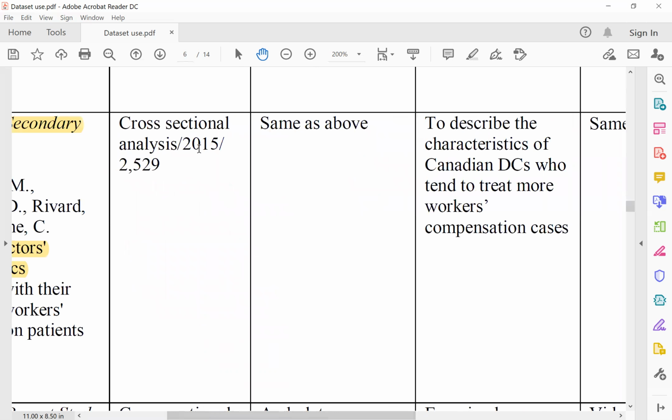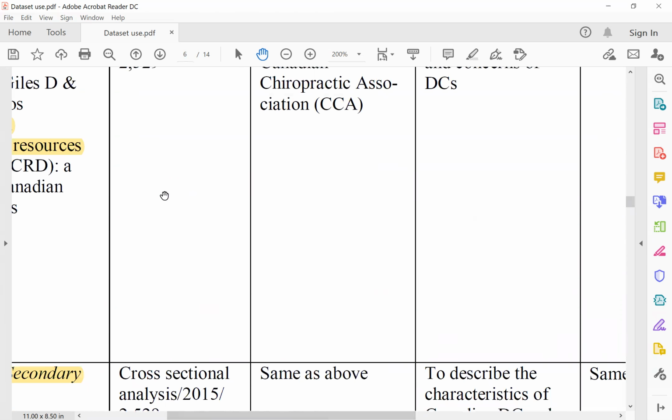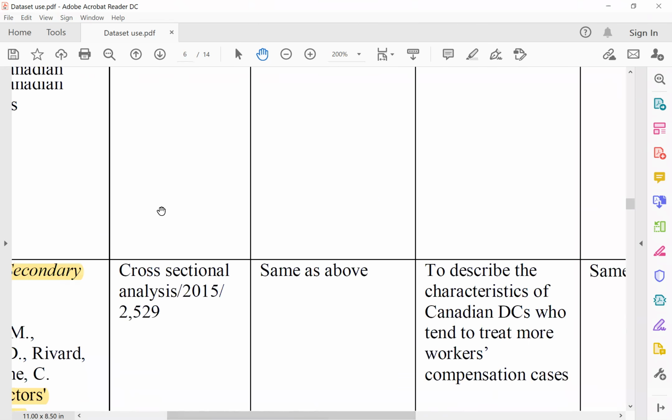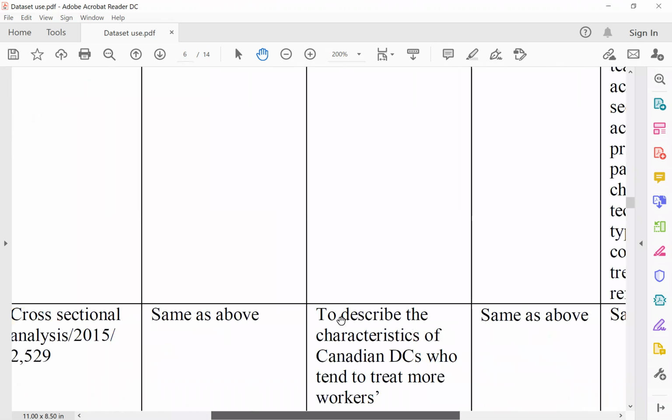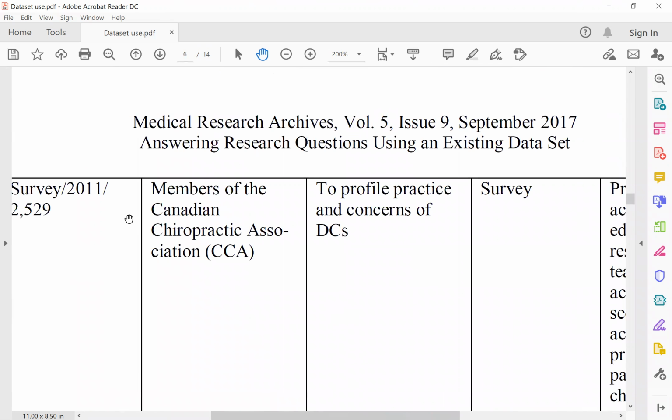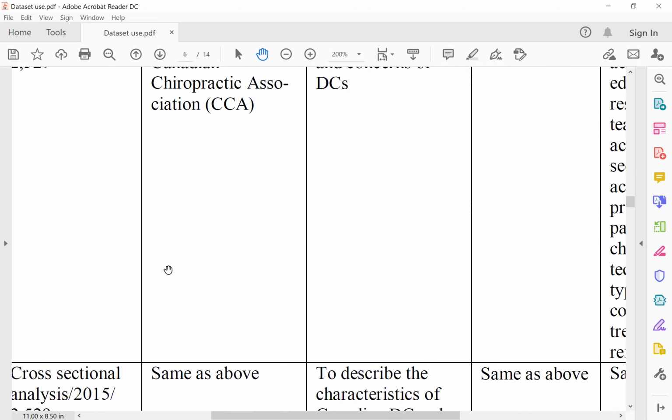It was a cross-sectional analysis in 2015, with the same number of patients, 2,529. It involved members of the Canadian Chiropractic Association.